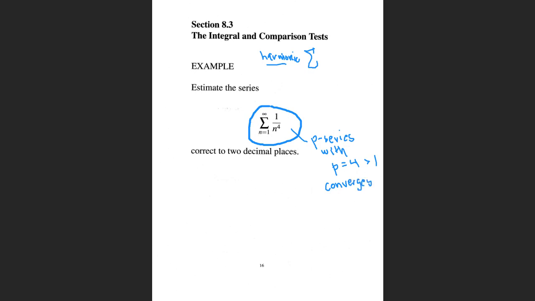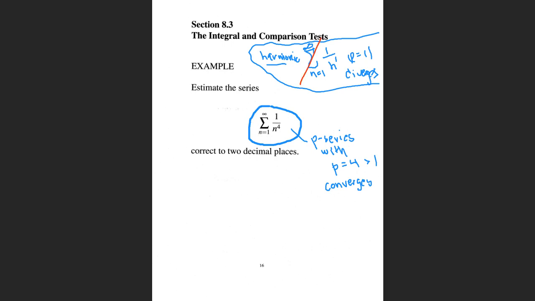Now, a harmonic series is a P series, but with P equal to 1, and that series diverges. I just thought I'd mention that. But we don't have a harmonic series here.